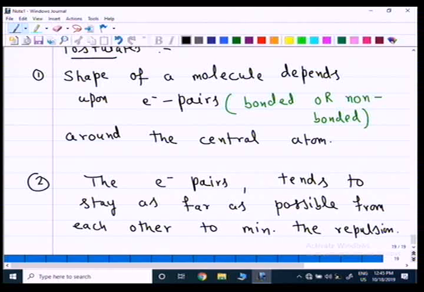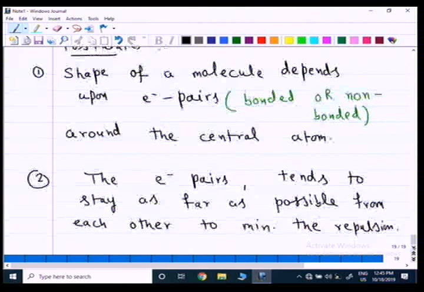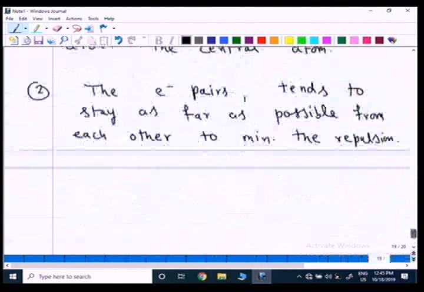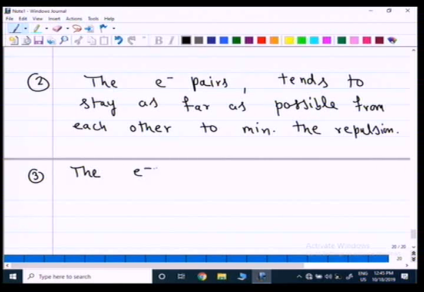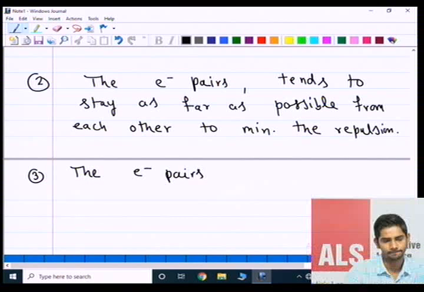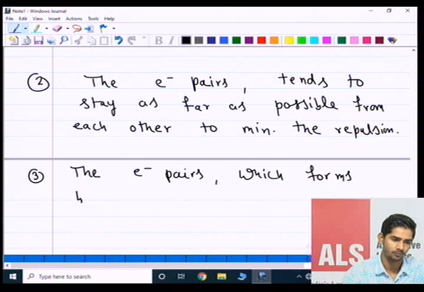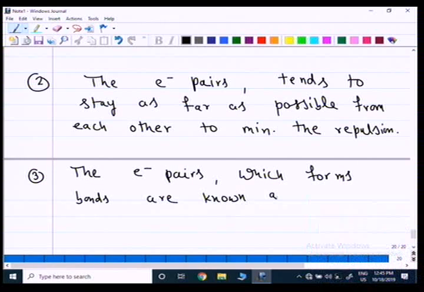Okay. Number 3. The electron pairs which form bonds are known as bond pairs.